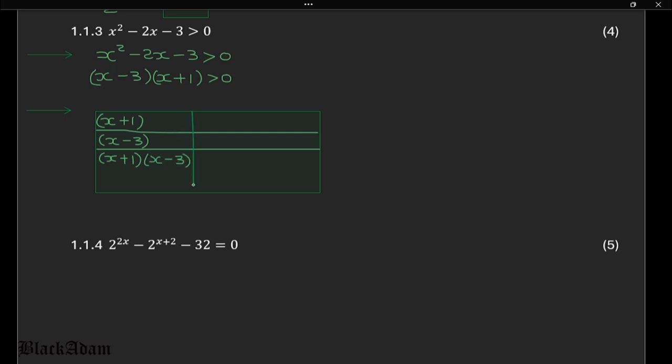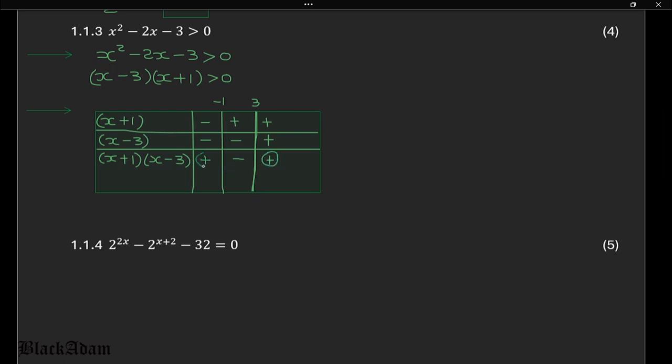So you have to check the signs there. That is negative 1, that is 3. Now to the left we put negative, to the right positive, and then that's negative, negative, positive, and multiplying the signs will give us positive, negative, and positive.